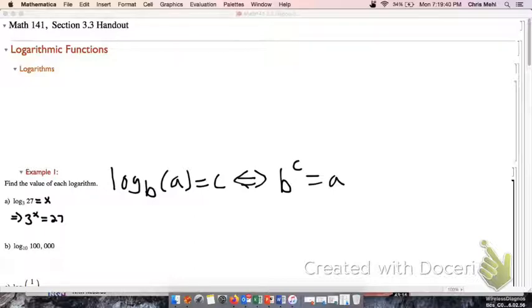And from here, the only power on 3 that gives you 27 would be 3. Right, 27 is 3 cubed.